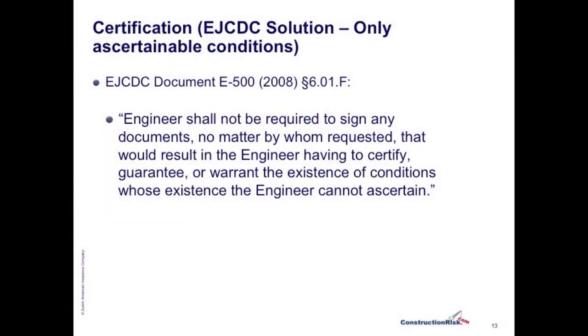EJCDC deals with it another way. In Article 6.01F, it reads as follows, quote, "Engineer shall not be required to sign any document, no matter by whom requested, that would result in the engineer having to certify, guarantee, or warrant the existence of conditions whose existence the engineer cannot ascertain." Close quote.